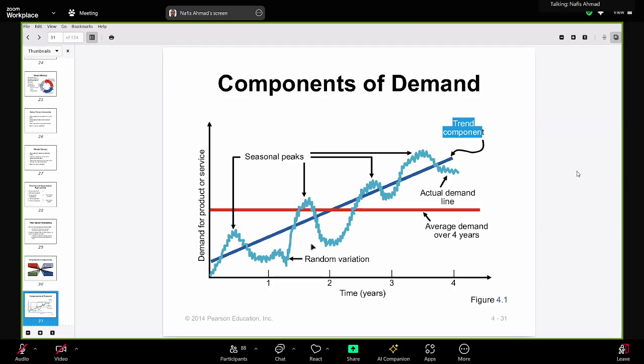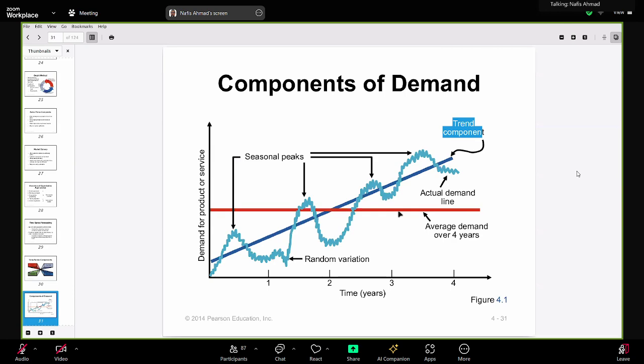This type of variation is not known in advance. And there is a line; the line is average demand. So we find the components of forecasting in this chart.